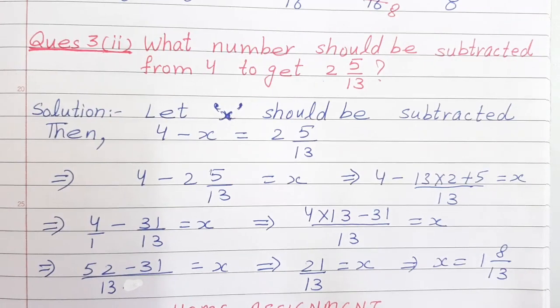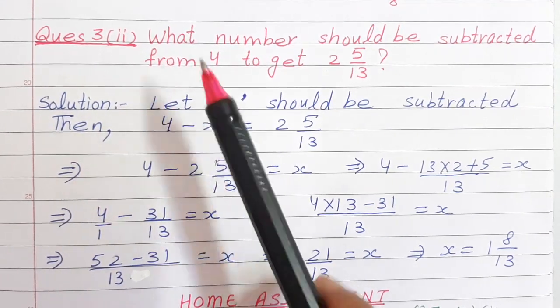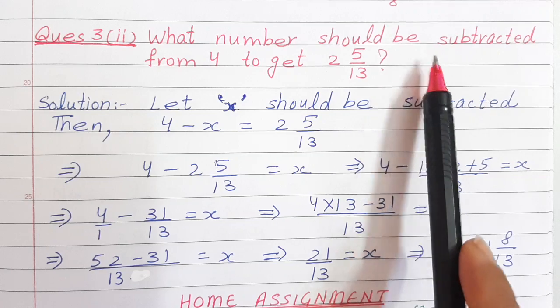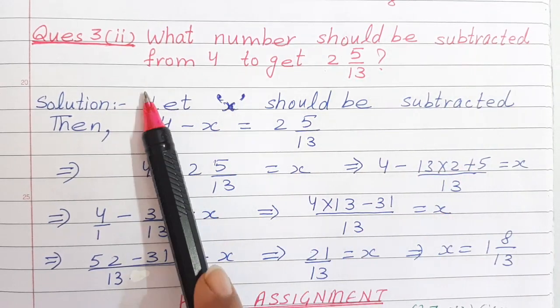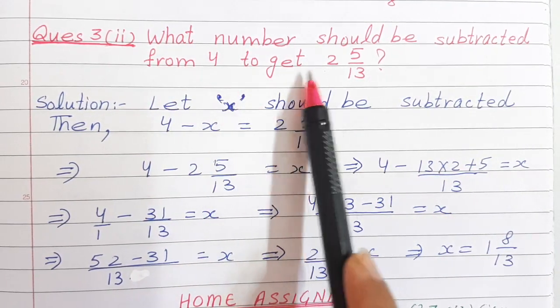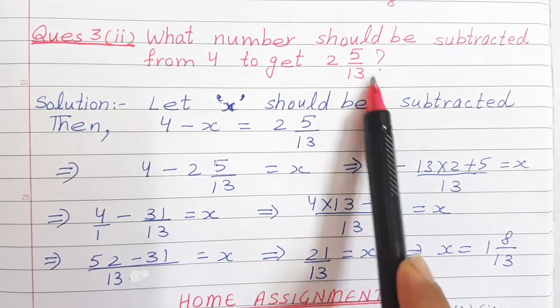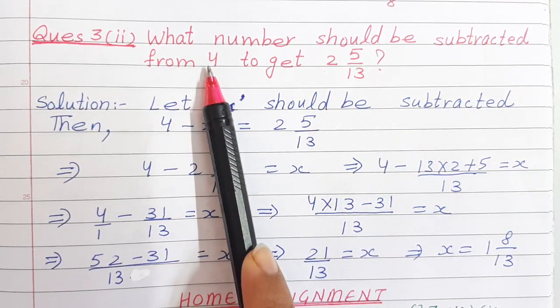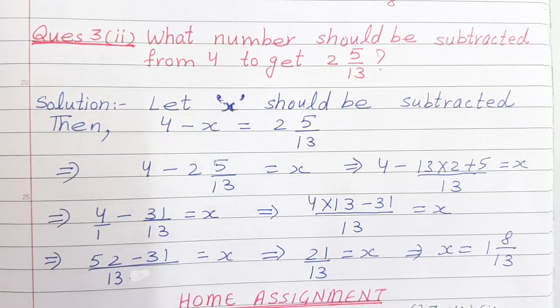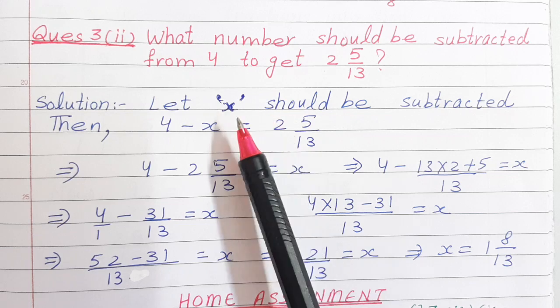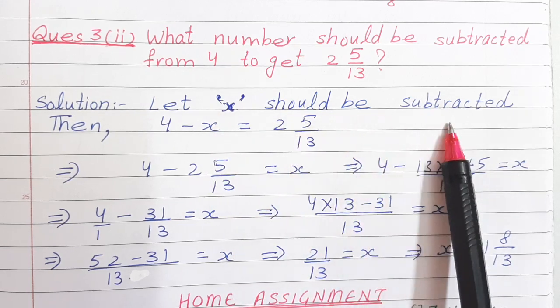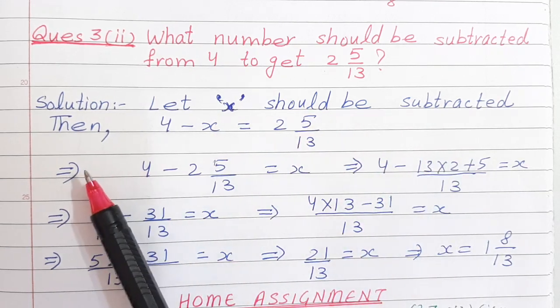Now in this question number 3, what number should be subtracted from 4 to get 2 5 upon 13? That means we have to subtract something from 4. So children, here we can assume that let x should be subtracted, right?